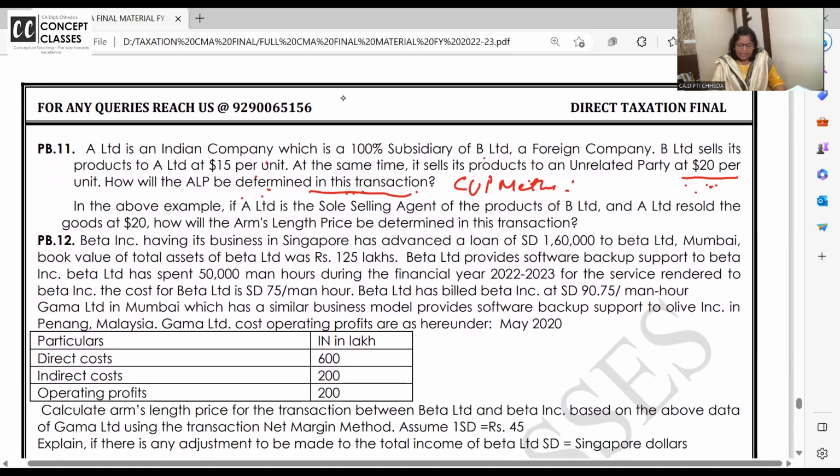In the above example, if A Limited is the sole selling agent of the B Limited, मतलब हम A Limited जो है हम B Limited हमारी holding company से खरीद के वापस sell कर रहे हैं, and A Limited resold it at 20. How will the arm's length price be? If it is like that, then use the resale price and let the resale price be what? 20.